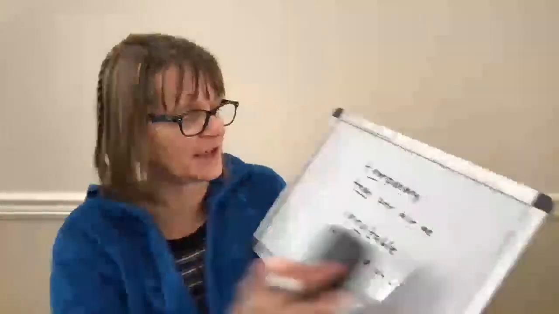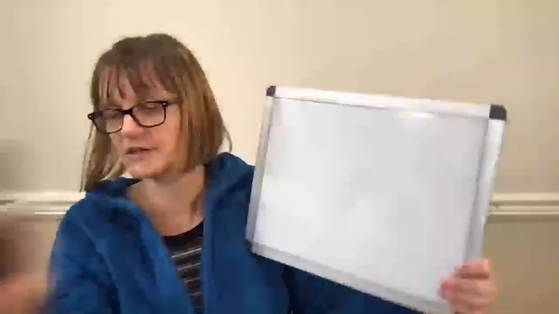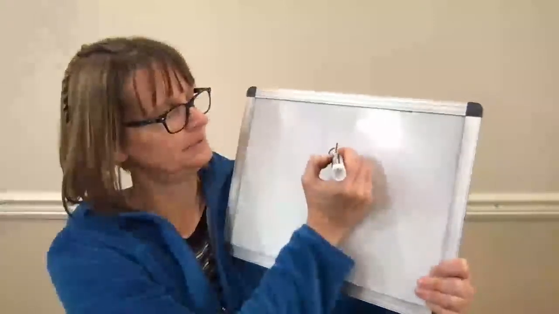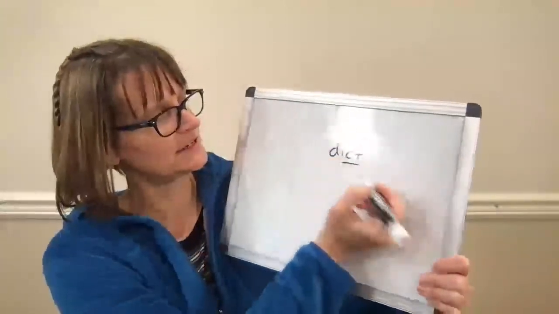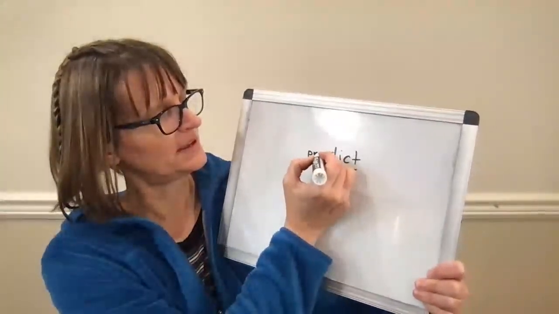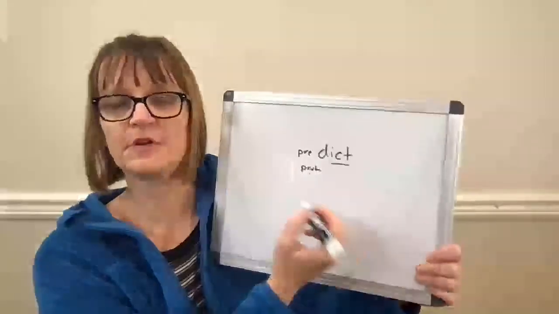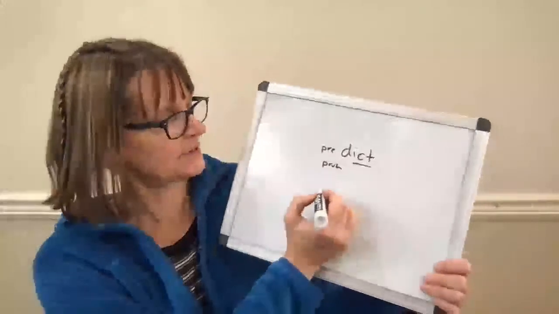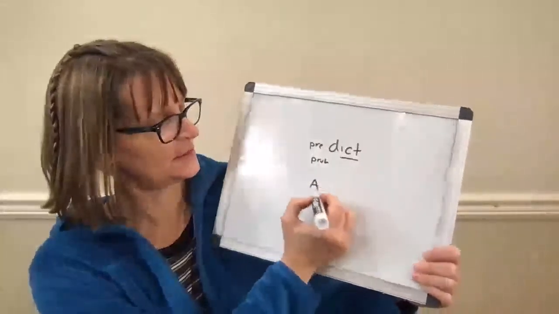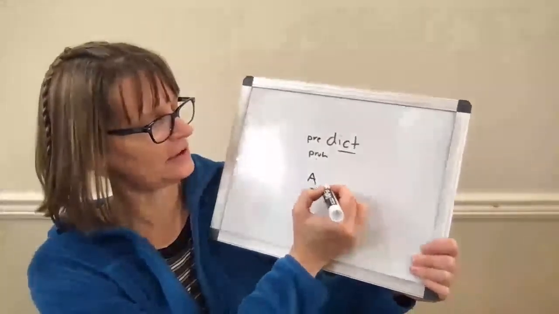For predict, addict, and contradict, different syllable stress we have there. So predict, your stress is on the dict syllable. And so the PRE sounds like pri. Predict. For addict, we have the stress on the add syllable. So we have a black cat vowel.